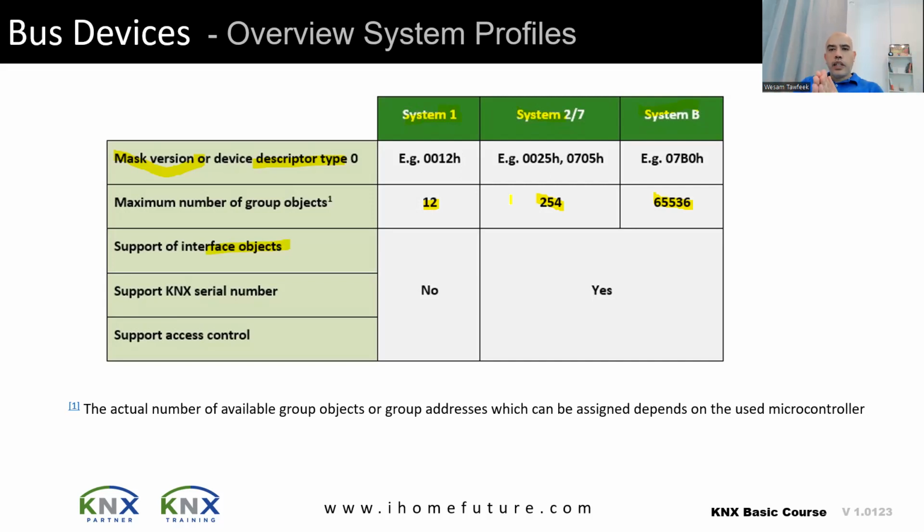In our case, if it's an on-off, then there is an interface object, let's say with 1 bit size, to take the on or off from the button and send it to the relay itself to allow the lights to be on. So there's an interface object that was introduced in those new systems. And then there's also the KNX serial number and the access control. Let's talk about serial number and access control in more detail.